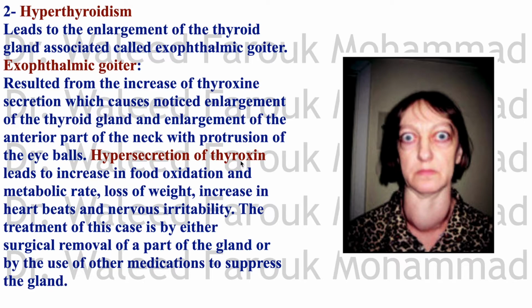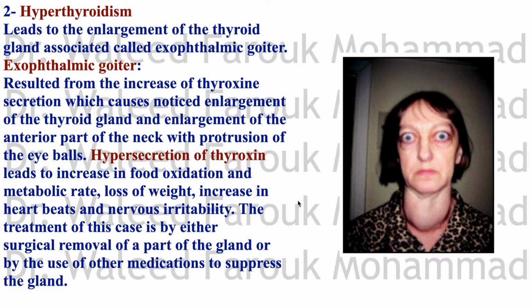This goiter has enlargement of the thyroid gland, and there is swelling or enlargement in the anterior part of the neck. There is hypersecretion of thyroxine that leads to increased metabolic rate, increased food oxidation, and accordingly there will be loss of weight, increase in heartbeats, and nervous irritability.